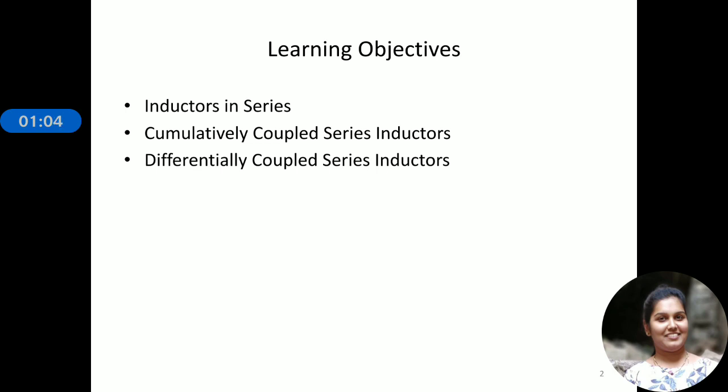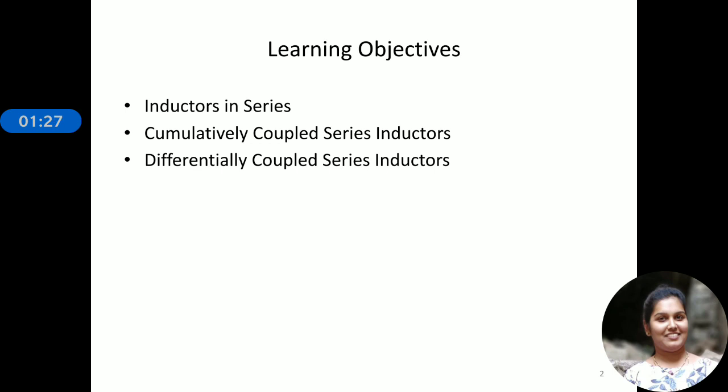As we all know, series connection is nothing but the end point of one component being connected to the starting point of the second component, and the end point of the second component connected to the starting point of the third, and so on.